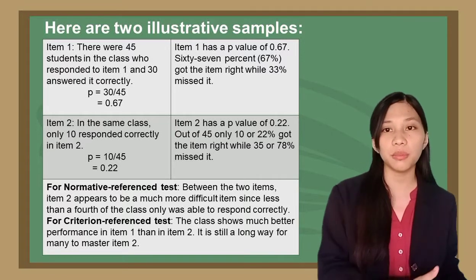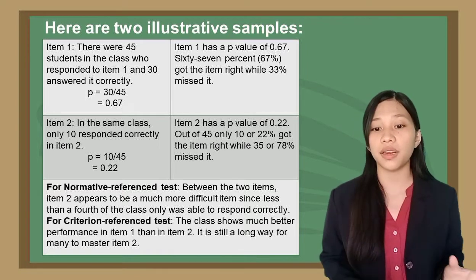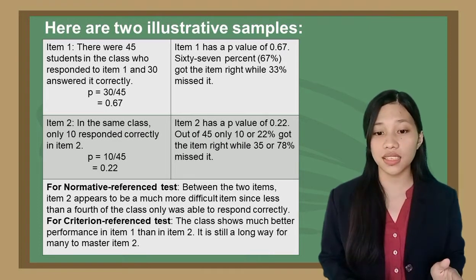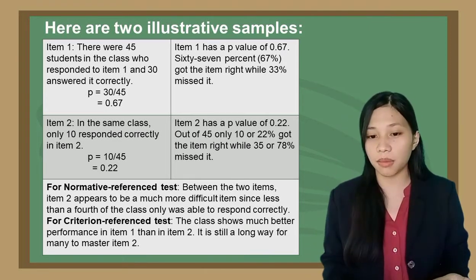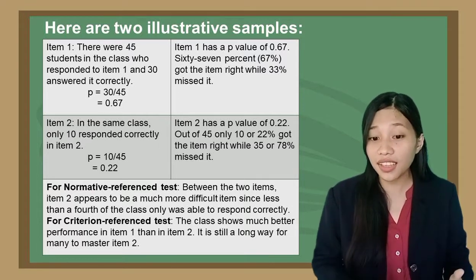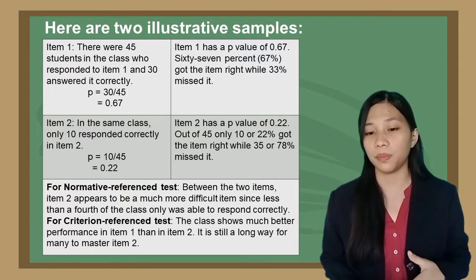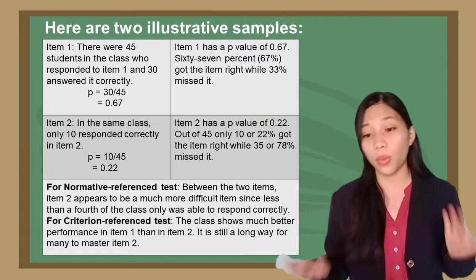For item number 2, in the same class, only 10 responded correctly. So, P equals 10 over 45. Dividing again, 10 divided by 45 is equal to 0.22. Item 2 has a p-value of 0.22.